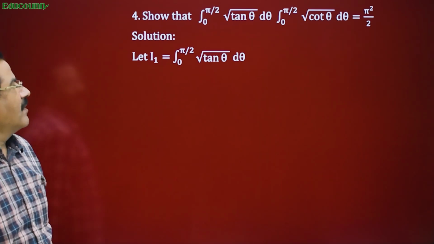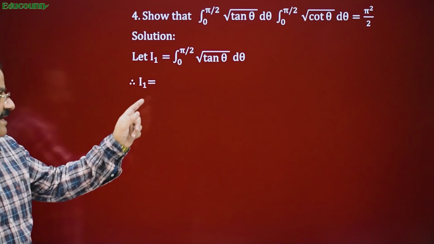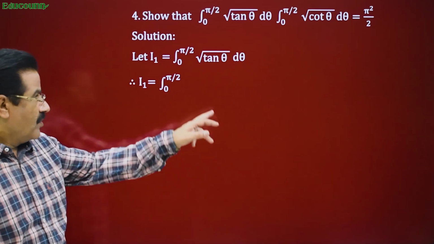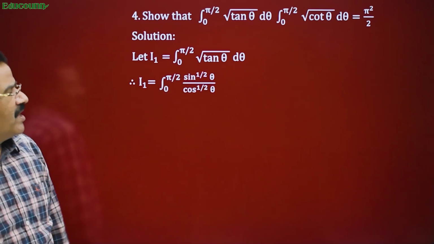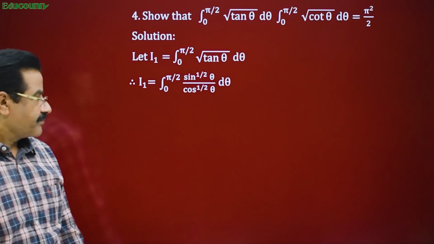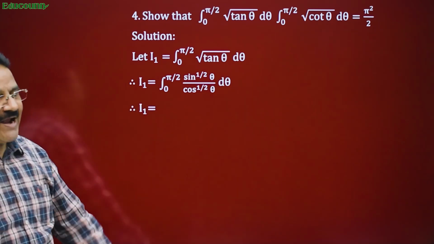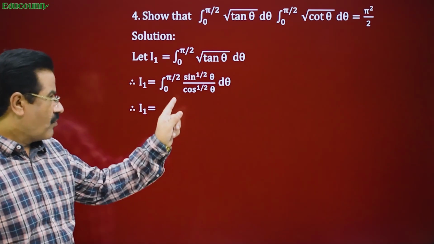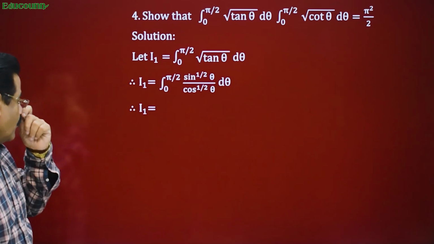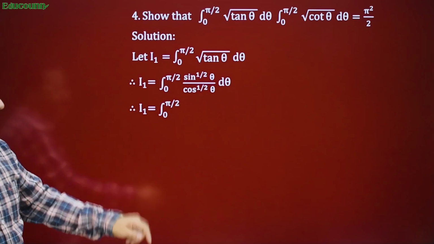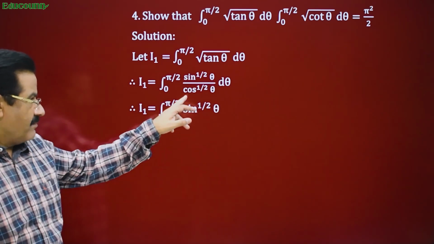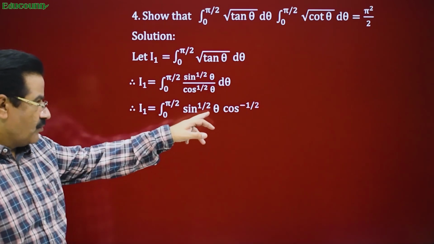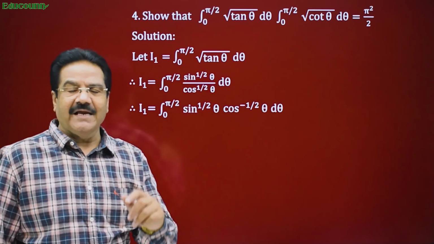So we can write I1 is equal to the integral from 0 to pi by 2 of sine raised to half theta upon cos raised to half theta d theta. Let us simplify it further by taking the cos term to the numerator. So we can write the integral from 0 to pi by 2 of sine raised to half as it is, multiplied by cos raised to minus half theta d theta.